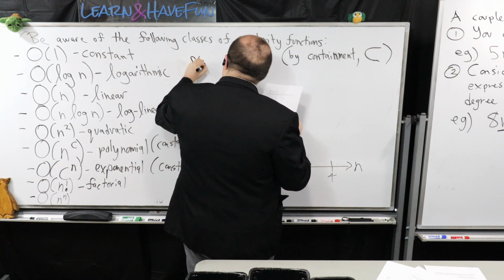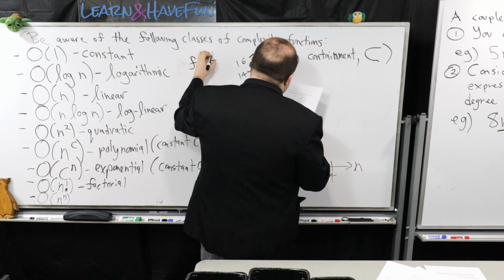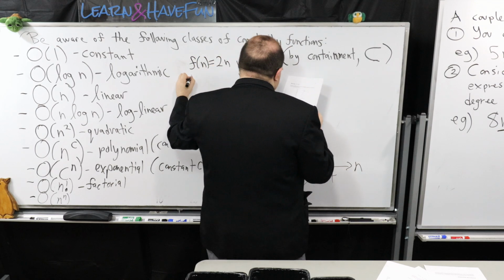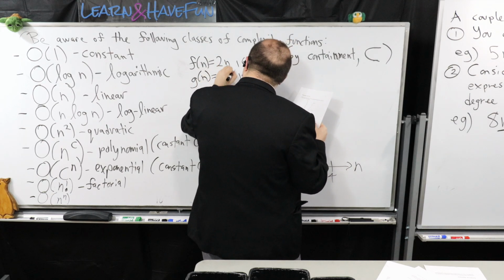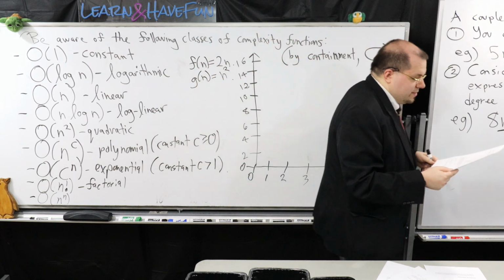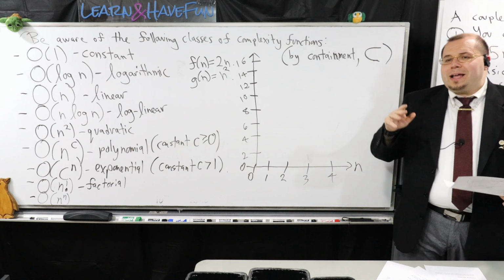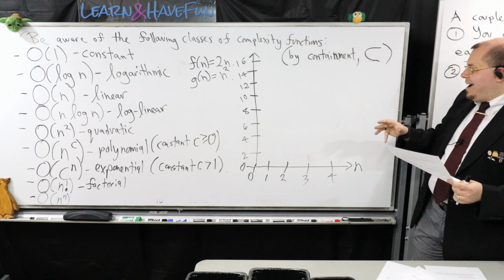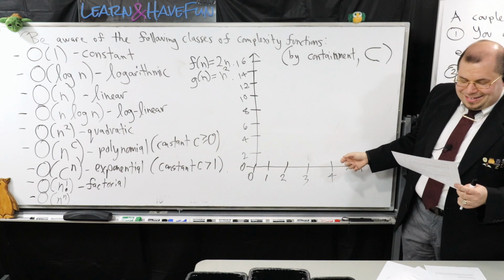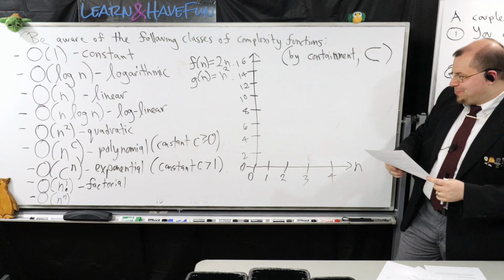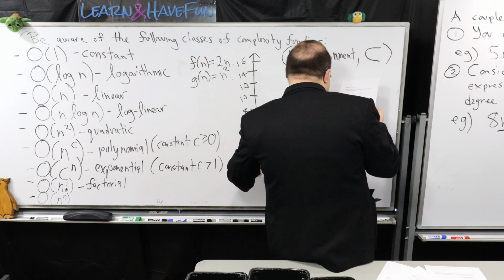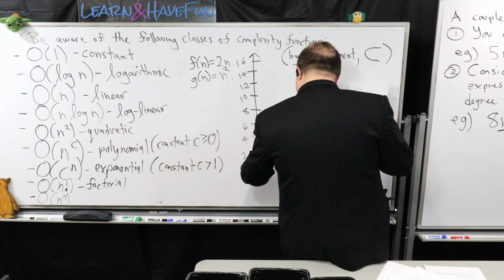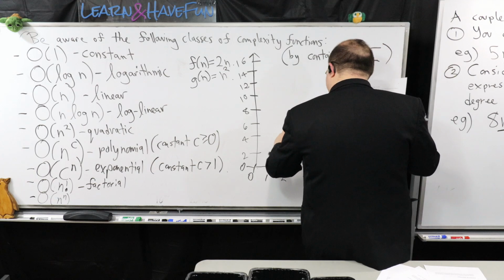Suppose that f is going to be 2n, and g is going to be n squared. So I'm going to start off by attempting to plot freestyle what 2n is on the board here. Usually it's a good idea to make some dots to help me do this.